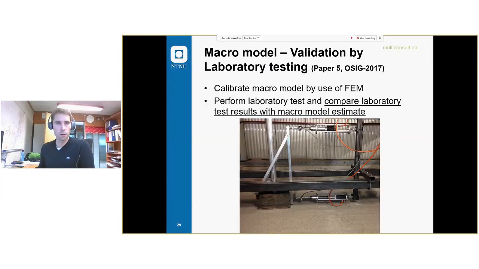We validated our macro model with laboratory tests. First, we calibrated our model by use of finite elements. Thereafter, we performed the laboratory test and compared the results from the laboratory with the macro model estimate.